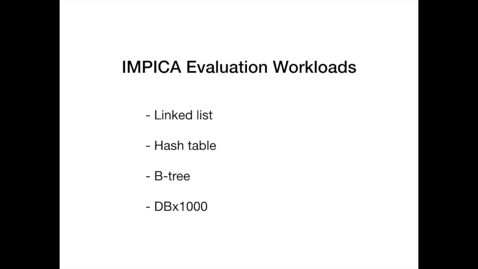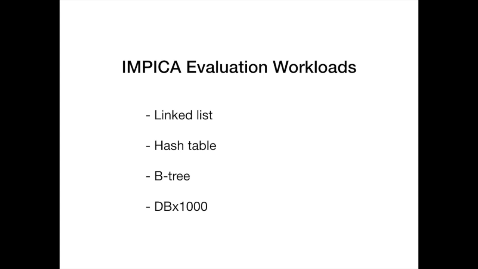There are 4 kinds of workloads used for evaluation: linked lists, hash tables, B trees, and then a DBx1000 database. For the linked lists, a health-related data set was used and was measured over 30,000 iterations of linked list traversal.